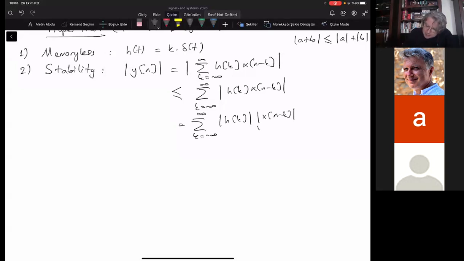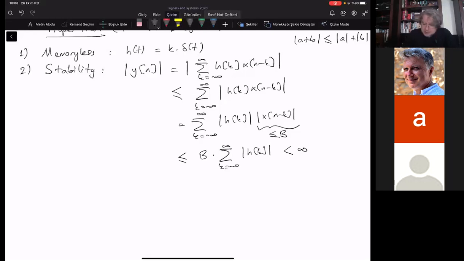And here, this is less than or equal to a bound, let's say B, because of the bounded input property. So everything is less than or equal to B times the summation k from minus infinity to infinity of the absolute value of h of k. And we want this thing to be finite, to be bounded, because y of n is bounded.